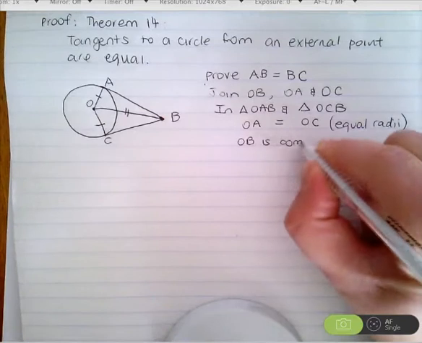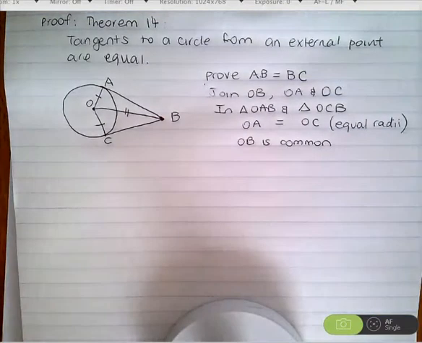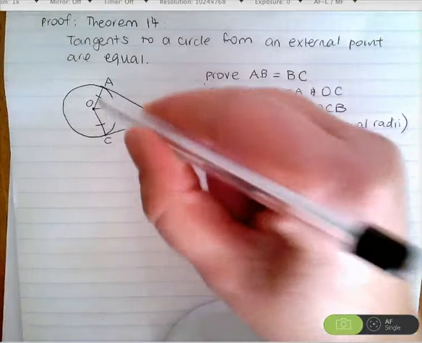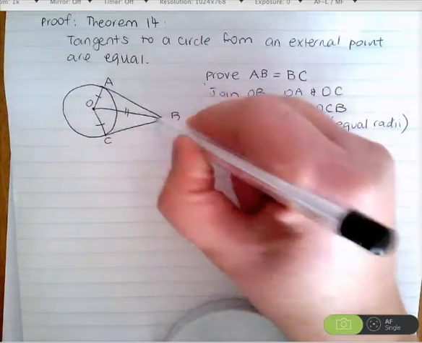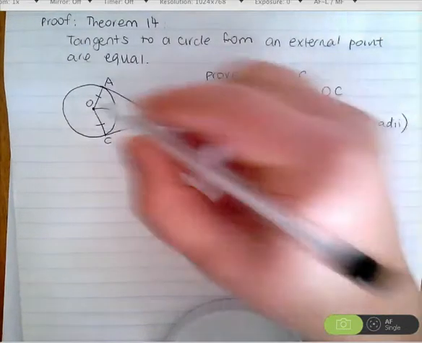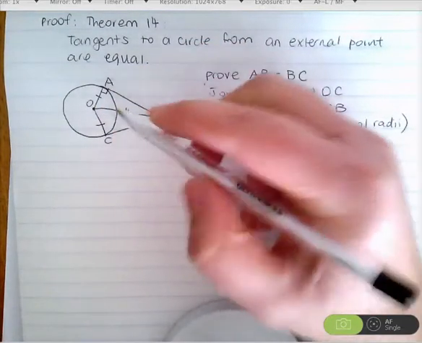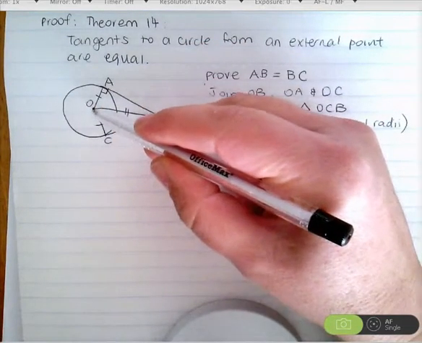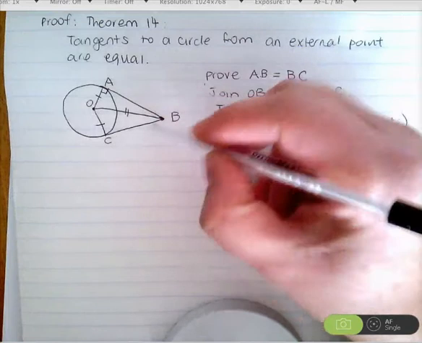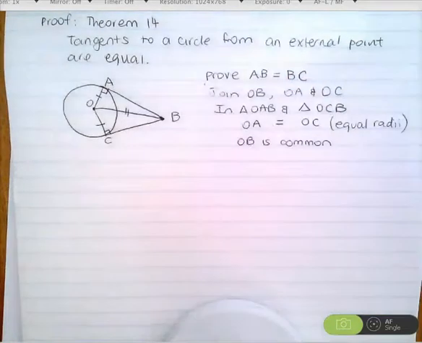OB is common. And we also know, just from theorem number 13, that the angle between the tangent and the radius is a right angle. So we know that angle OAB is 90 degrees, and we also know that the angle between the radius OC and the tangent CB is also 90 degrees.